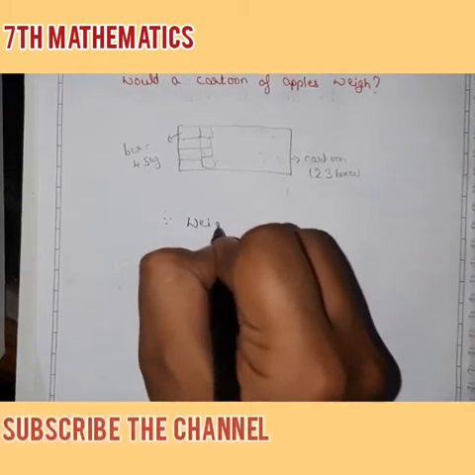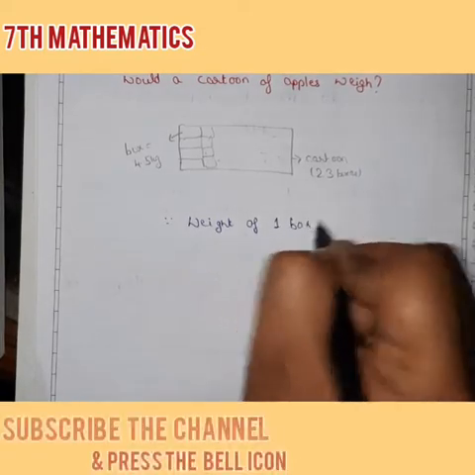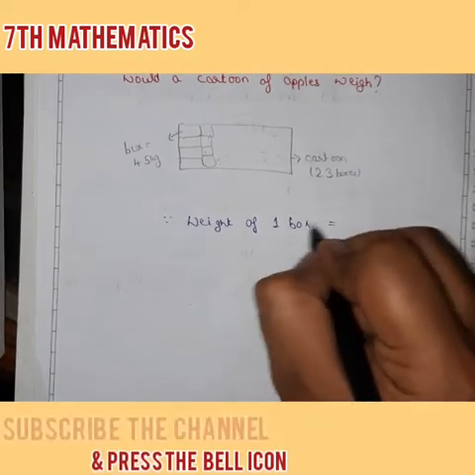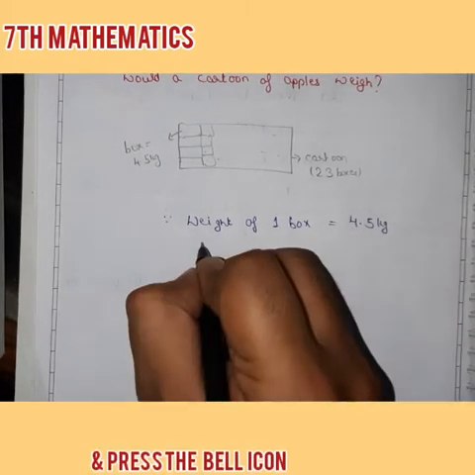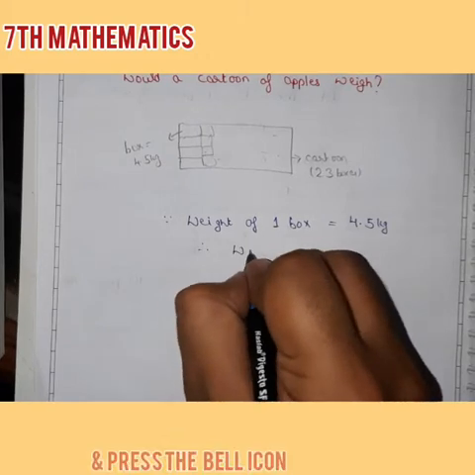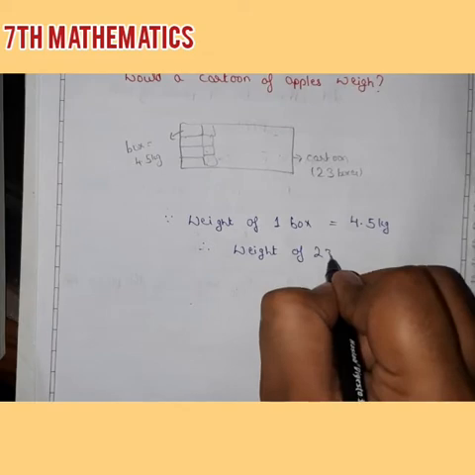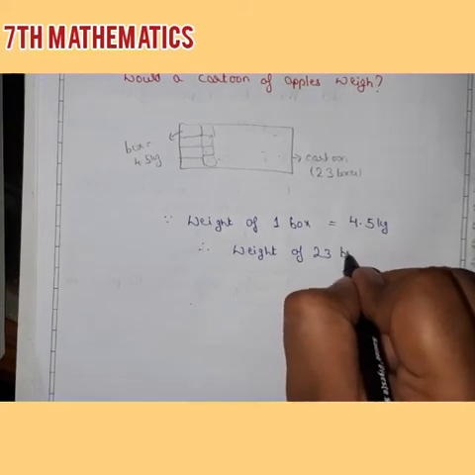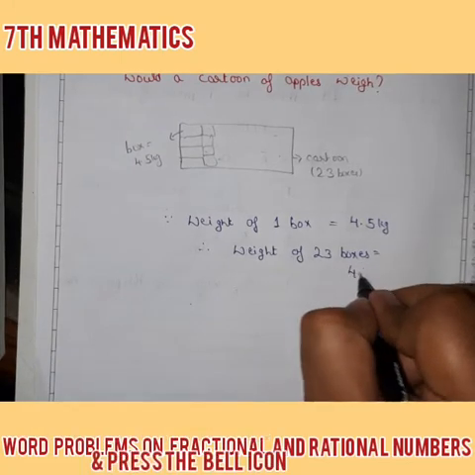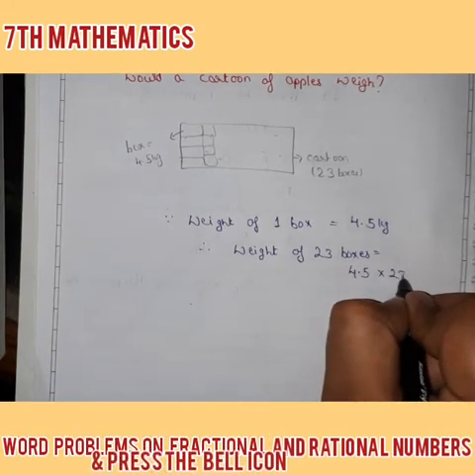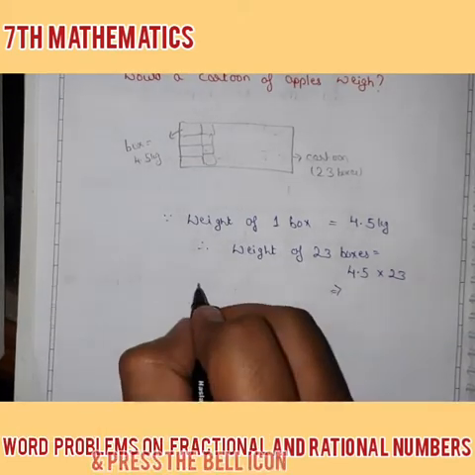Since the weight of one box of apple equals 4.5 kg, therefore the weight of 23 boxes will be equal to how much? 4.5 into 23.